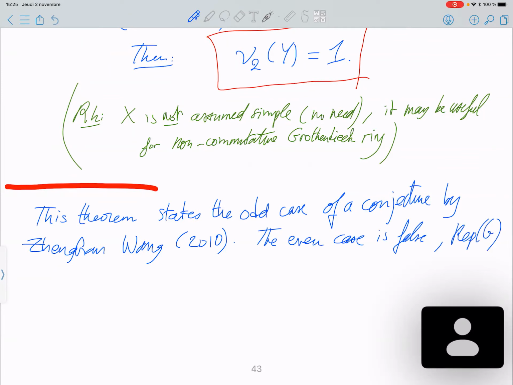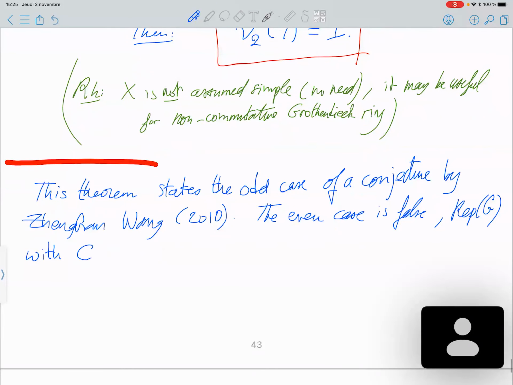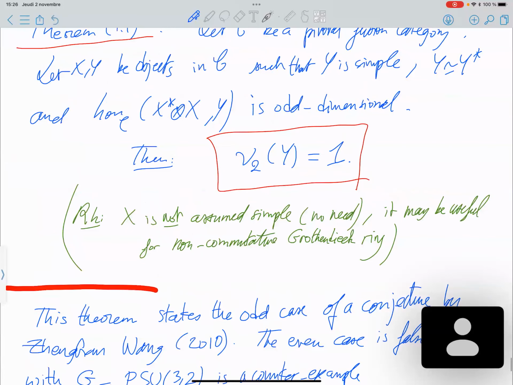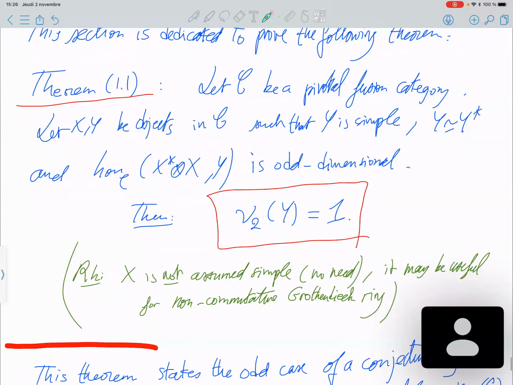If you consider the category of representations of a finite group of Lie type PSU(3,2), this is a counterexample. You can find two simple objects, X and Y, such that this is even dimensional, but this is minus 1.